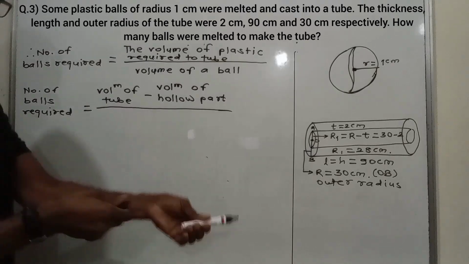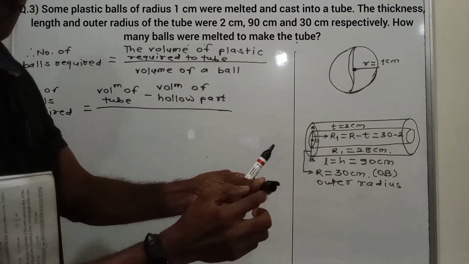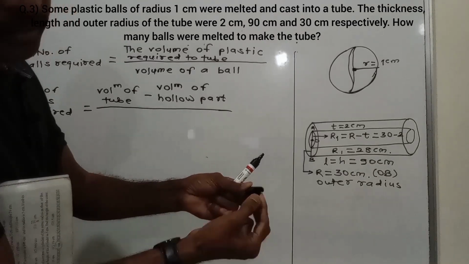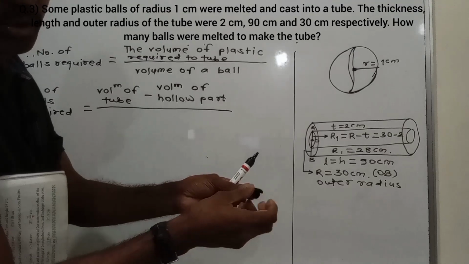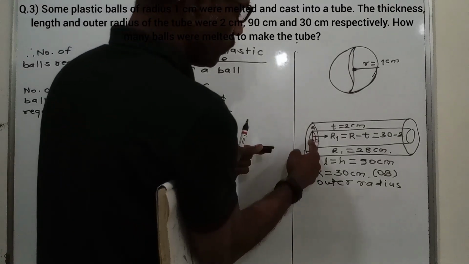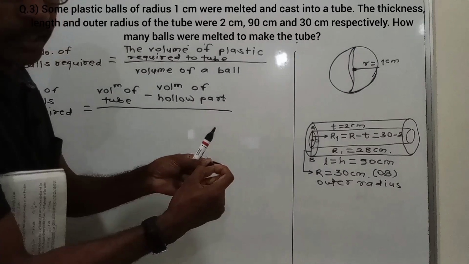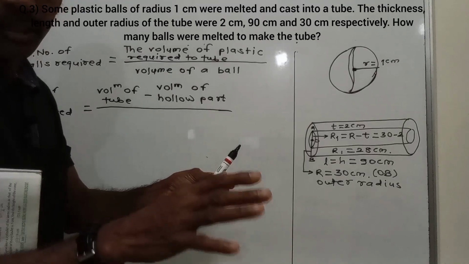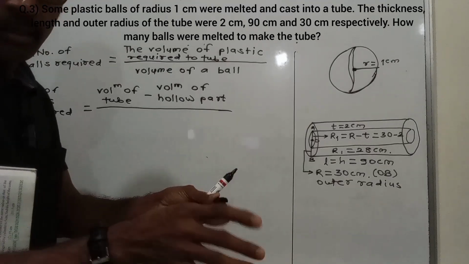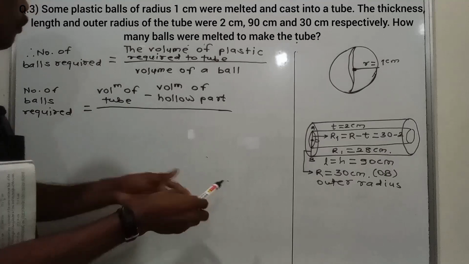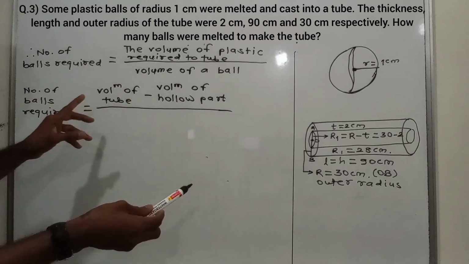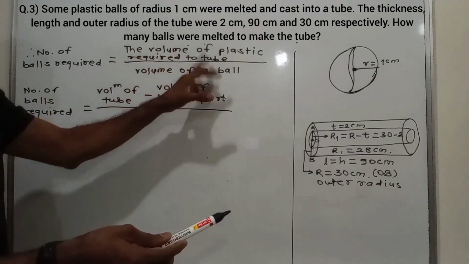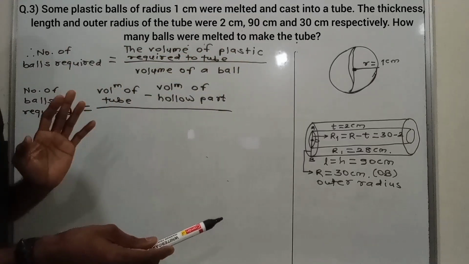This is made from plastic, no? So this is the outer part, total with thickness, that is made with plastic. And the inner part is hollow, meaning there is no plastic. So we want only plastic. So I have written the volume of plastic required to make the tube. Did you get it?